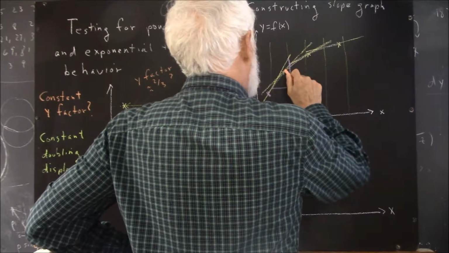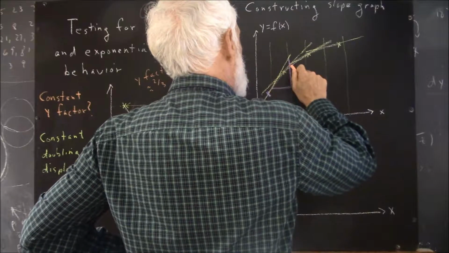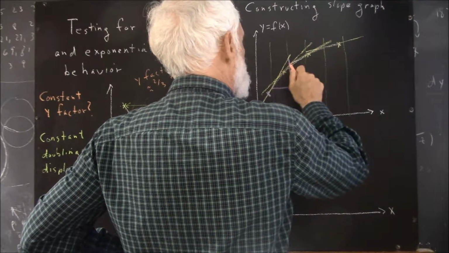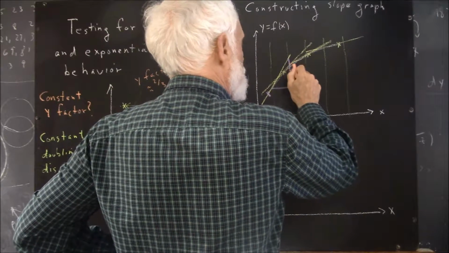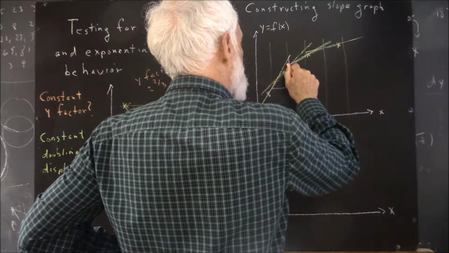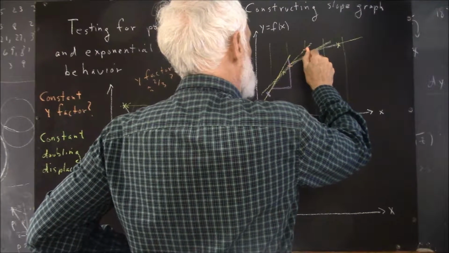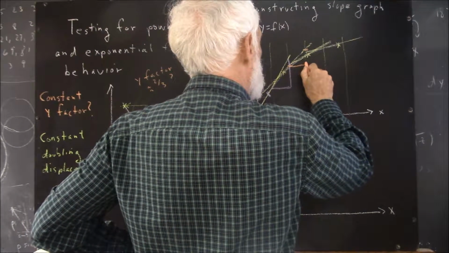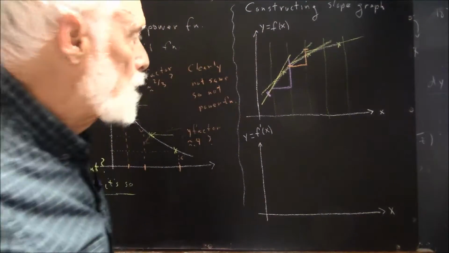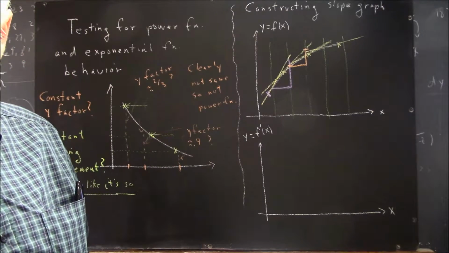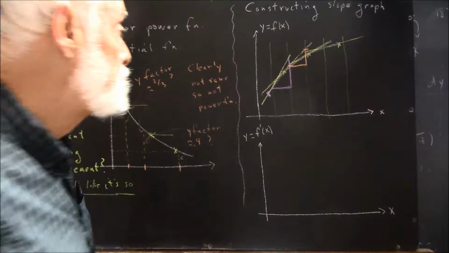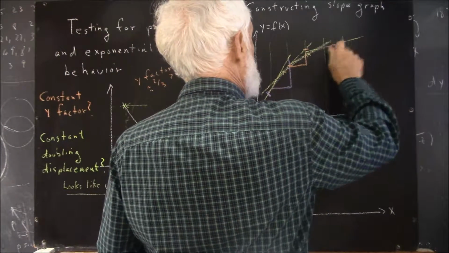Okay, then for this tangent line, and this tangent line crosses three of the vertical lines, I'm going to pick the point where it crosses this line and the point where it crosses this line, and I'm going to sketch the triangle I would construct for this line. Then do the same for this tangent line.